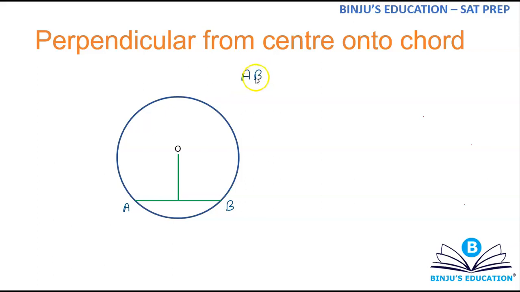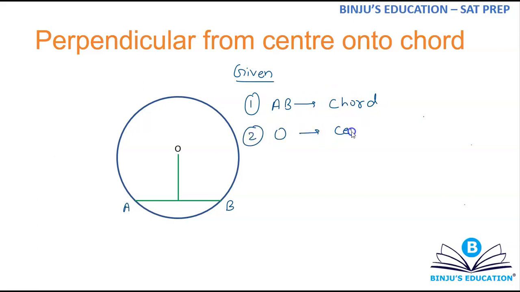AB is a chord. Now let me first write what all is given to me. First thing that is given to me is that AB is a chord. Second thing that is given to me is that O is the center of the circle.